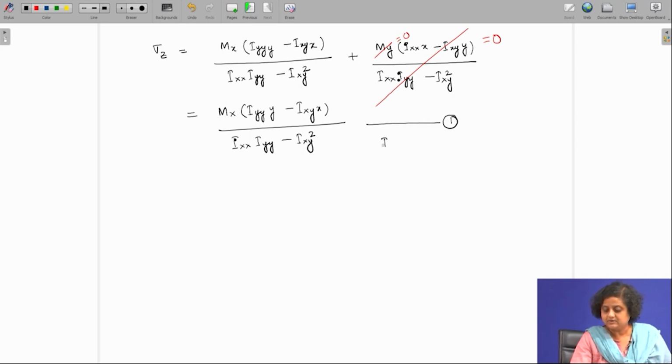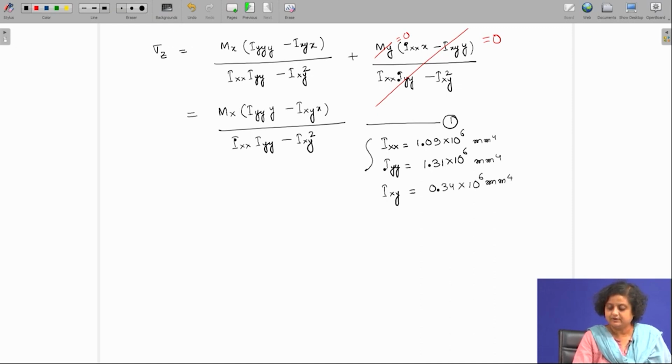In this equation, we will substitute Ixx to be 1.09 into 10 to the power 6 millimeter 4, Iyy as 1.31 into 10 to the power 6 millimeter 4, and Ixy is going to be 0.034 into 10 to the power 6 millimeter 4.